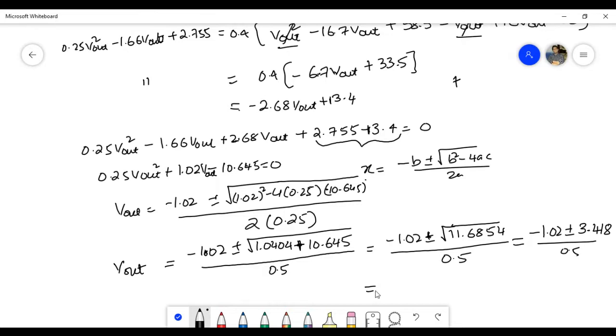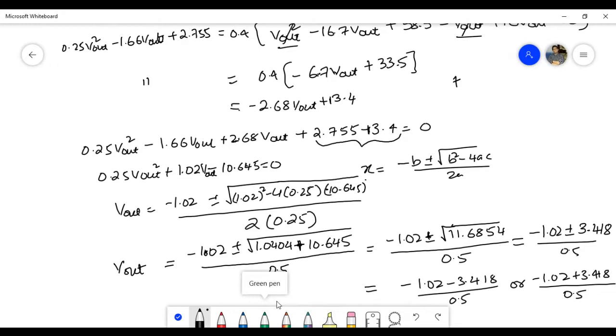Okay, so here you have to take minus 0.02 minus 3.418 by 0.5, or minus 0.02 plus 3.418 by 0.5. Okay, just take the picture. We'll proceed to the next page.